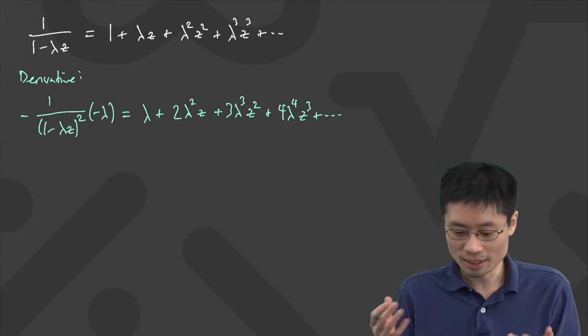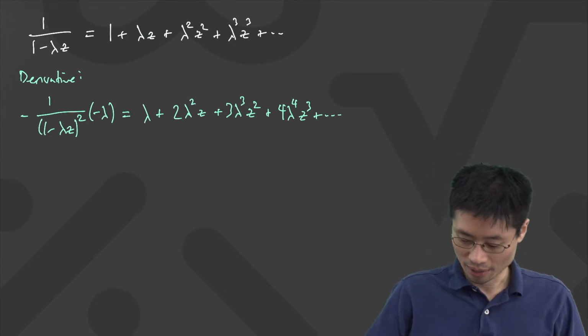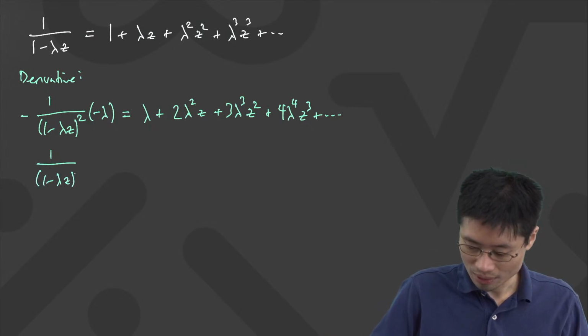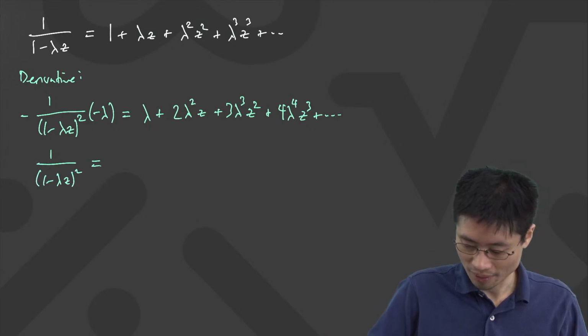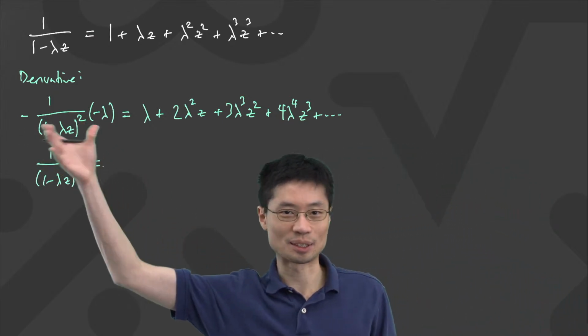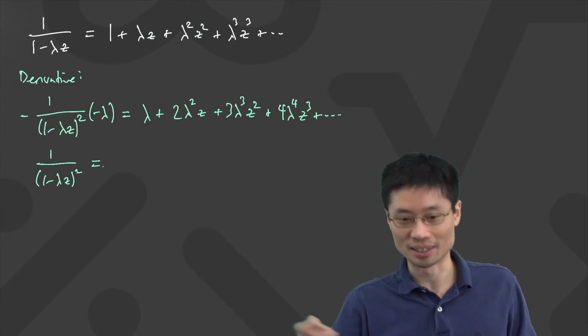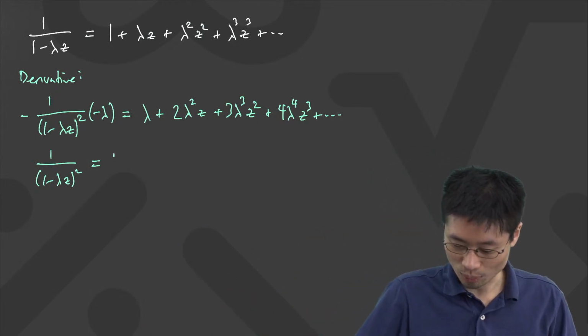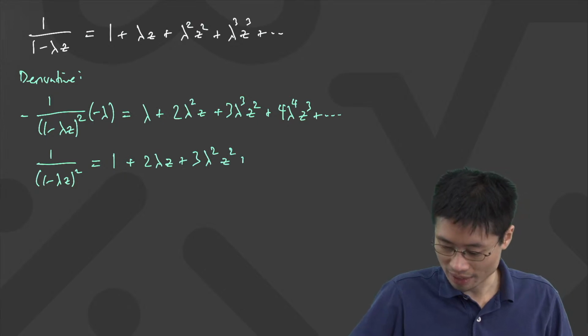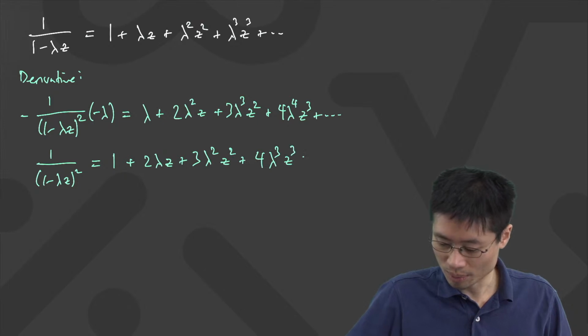Okay, but I actually wanted a clean 1 over 1 minus lambda z squared. Fortunately, 2 negatives make a positive, so I don't have to worry about the sign. But I have to divide out the lambda. So I divide out the lambda, and I get 1 plus 2 lambda z plus 3 lambda squared z squared plus 4 lambda cubed z cubed plus dot dot dot.